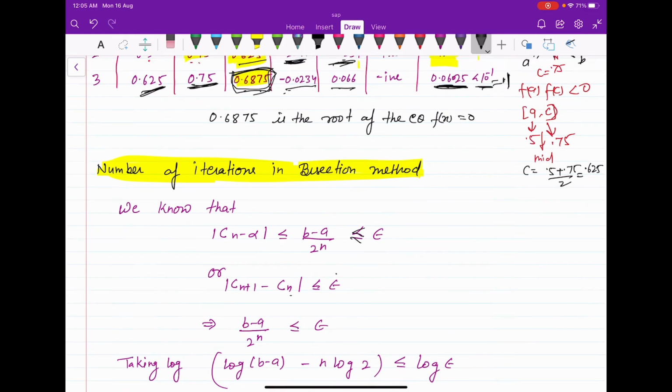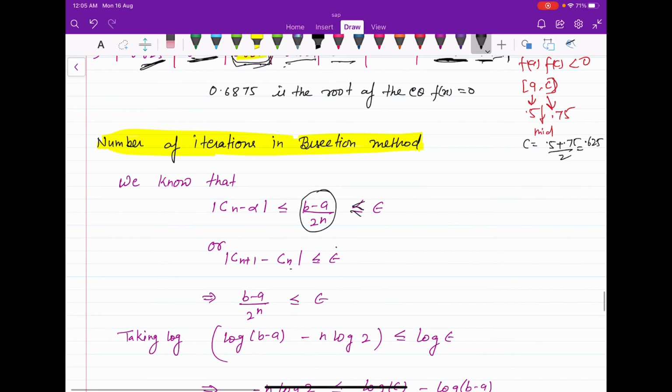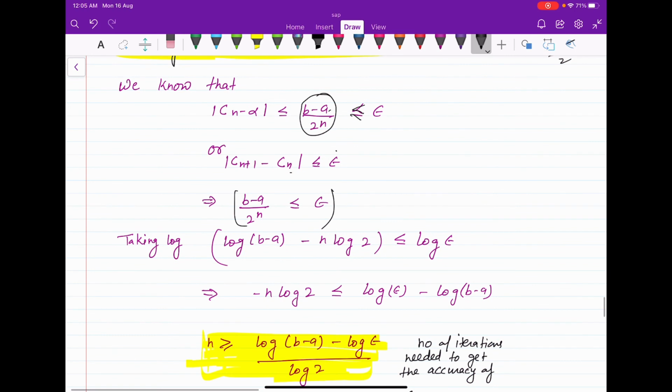From here, if this bound (b minus a) upon 2 raised to n is less than or equal to epsilon, we can also stop. So taking log of this value, log(b minus a) minus n log 2 is less than or equal to log of epsilon.